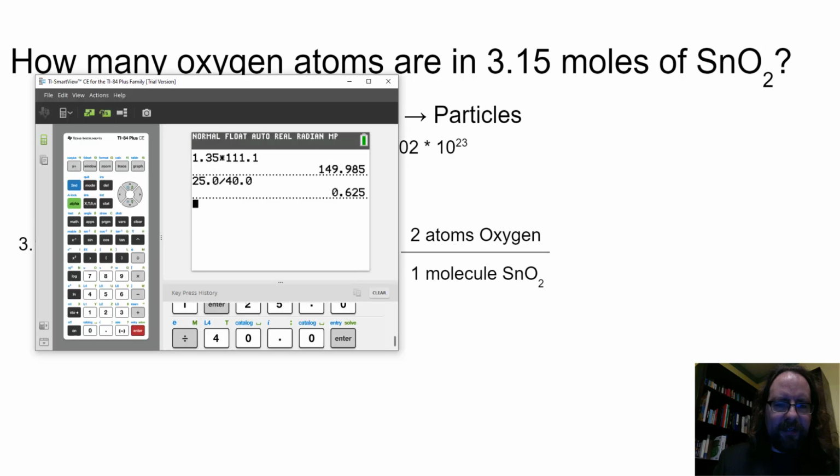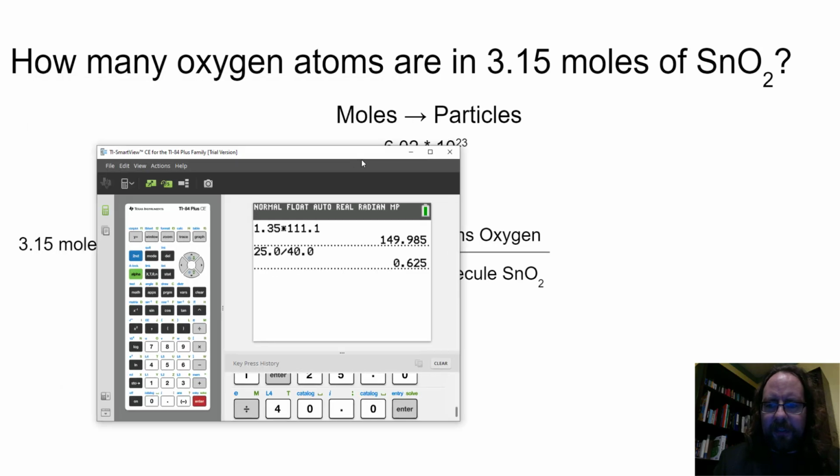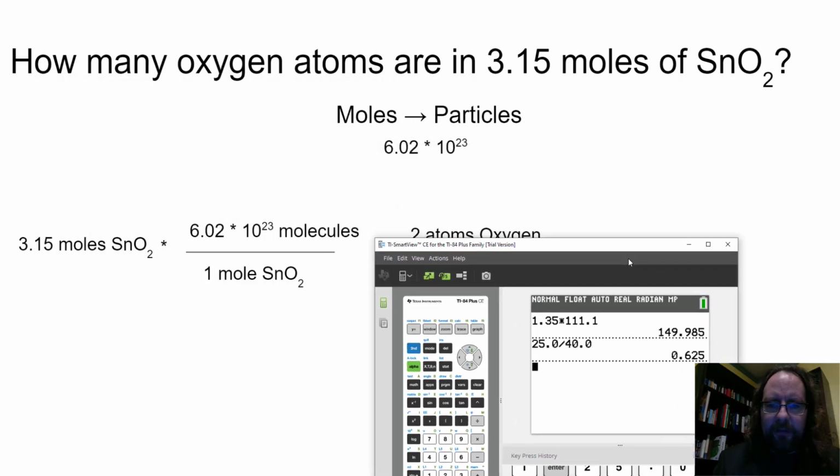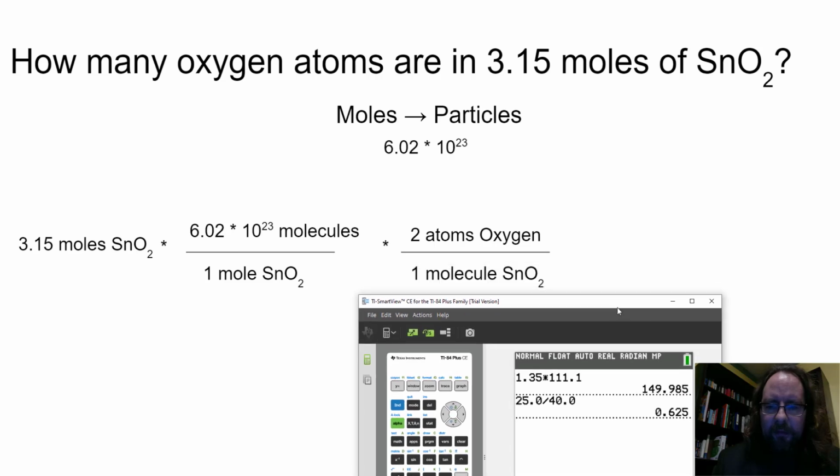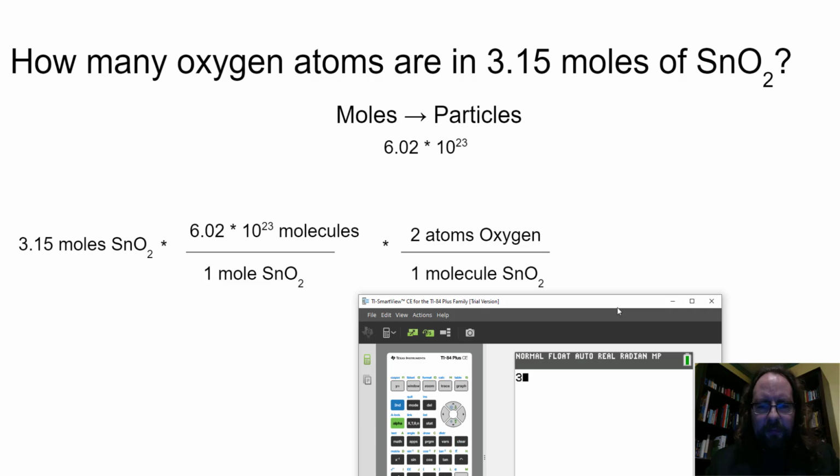So I'm going to again take out my calculator, try to get it a little bit out of the way here. And I'm going to start with 3.15, and I'm going to multiply by 6.02. And if I'm just doing fast computations, I like to use the EE notation on my calculator for scientific notation.